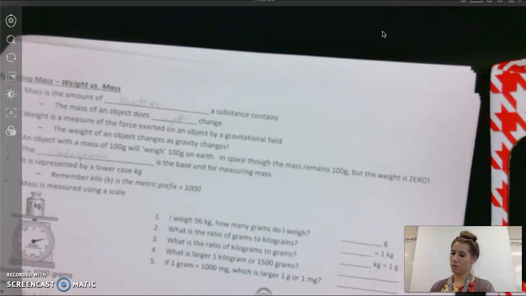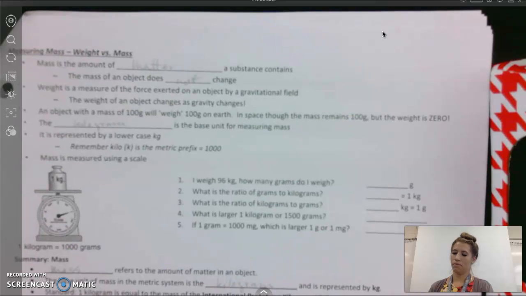Now, what is the difference between mass and weight? The mass of the object doesn't change with the location of the object. Whether we're on Earth, on the moon, or free floating out in space, that object's going to have the same mass, but its weight's going to be different.